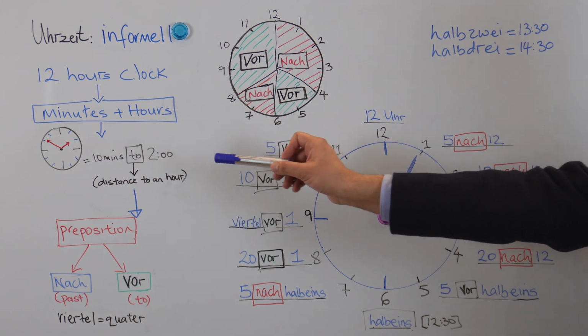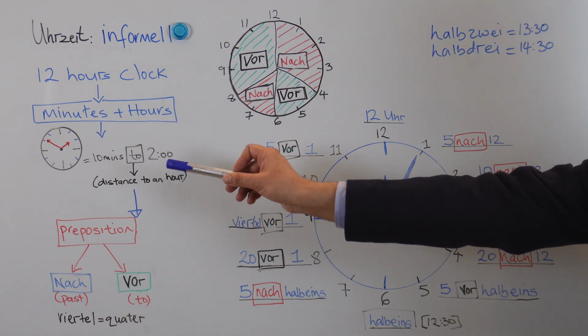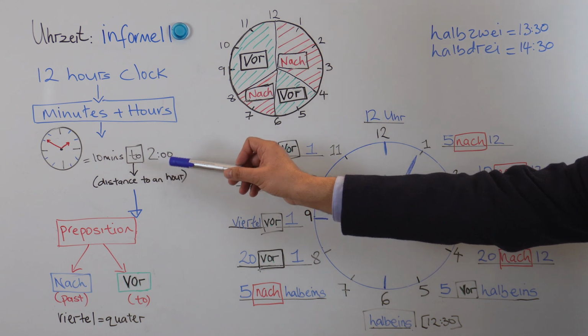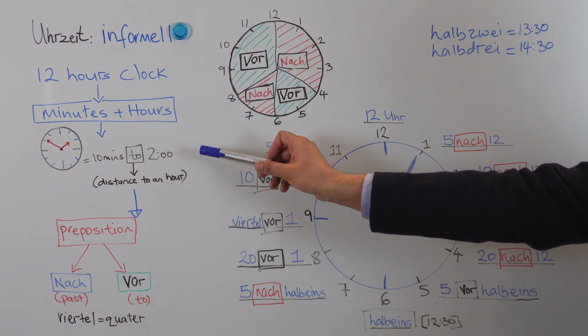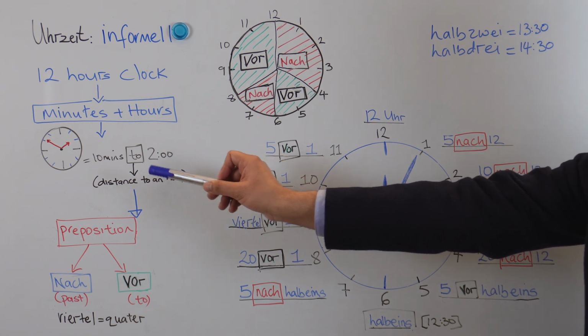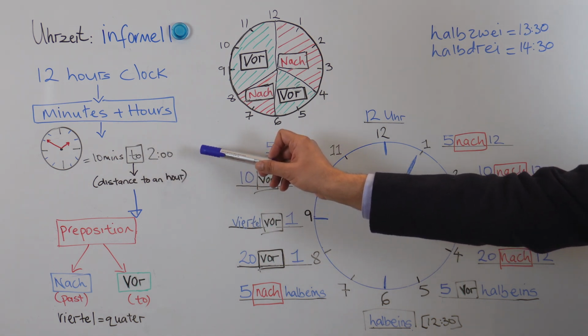For example, you can see a clock here that shows 10 minutes to 2. That means the distance for the clock to reach 2 o'clock is 10 minutes. So 10 minutes to 2.